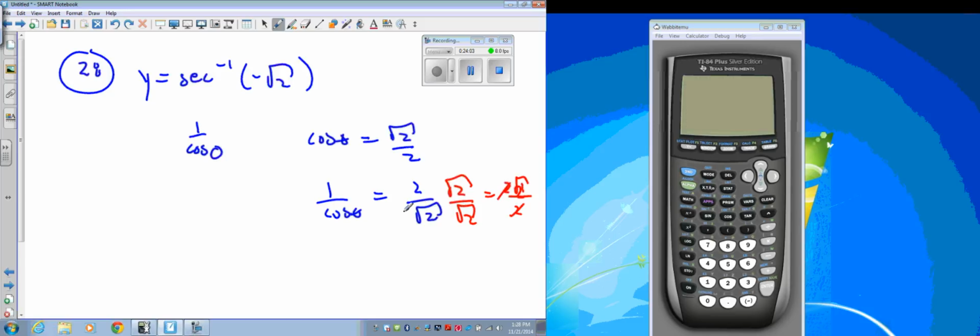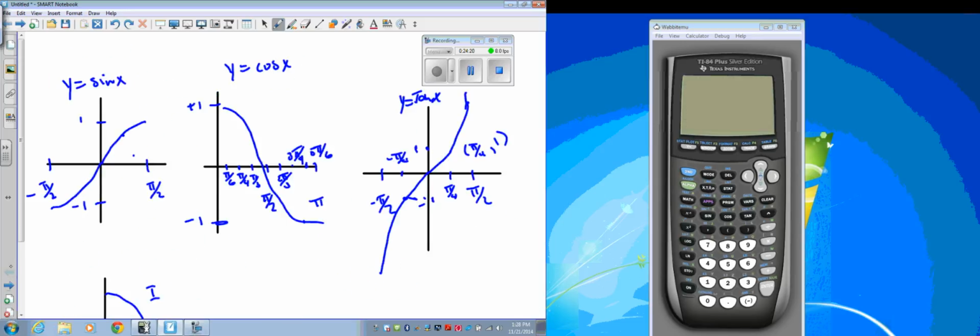So it's got to be something that gives you the square root of 2 over 2 for cosine, and it's got to be negative. So what you do is you look at your cosine and you say, where am I going to have a negative square root of 2 over 2? And it's going to be at 3 pi over 4.